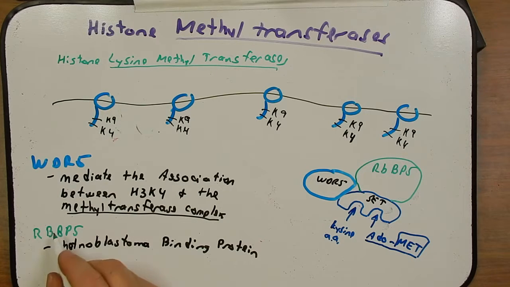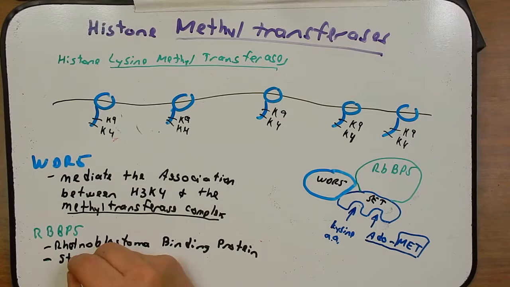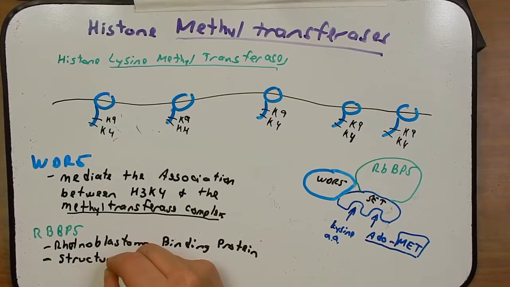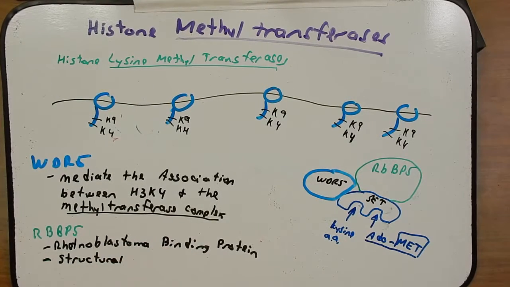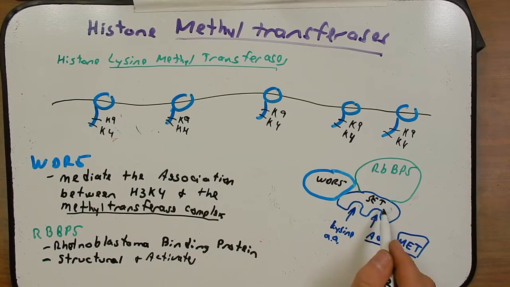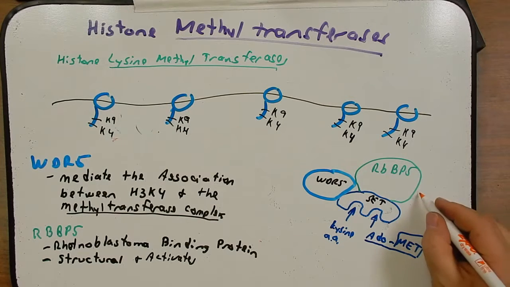Sometimes proteins get named something because of the way they were first identified. But then we discover that a protein may have more than one function or may associate with other complexes, as in this case, it associates with this SET complex. And we believe it has a structural role, holding the structure together, and helps to activate SET.